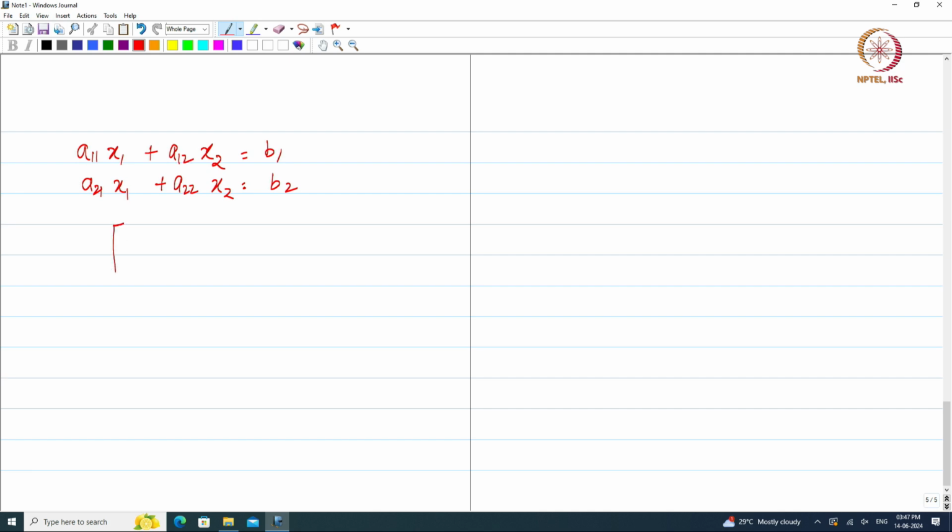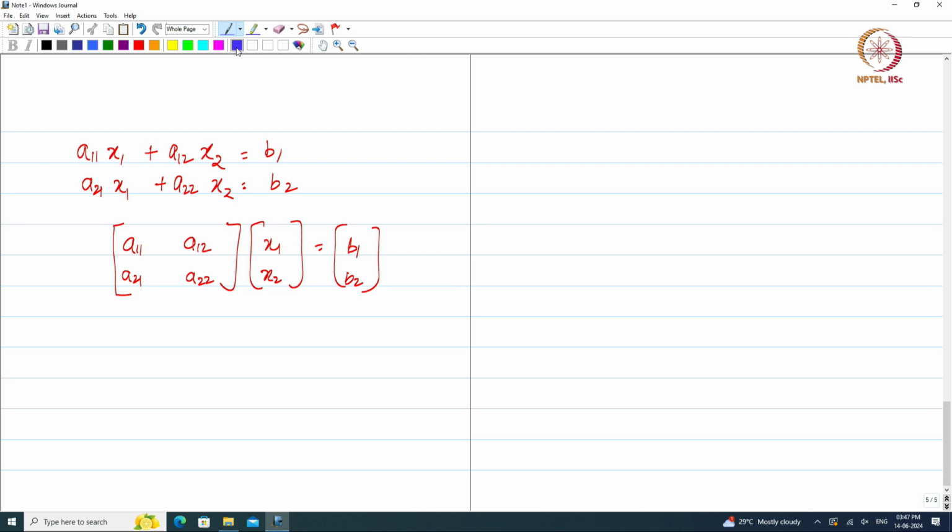This is what we have, and we have our matrix form, which is a11 a12 a21 a22, and we have x1 x2 which is equal to, let us say, b1 b2.